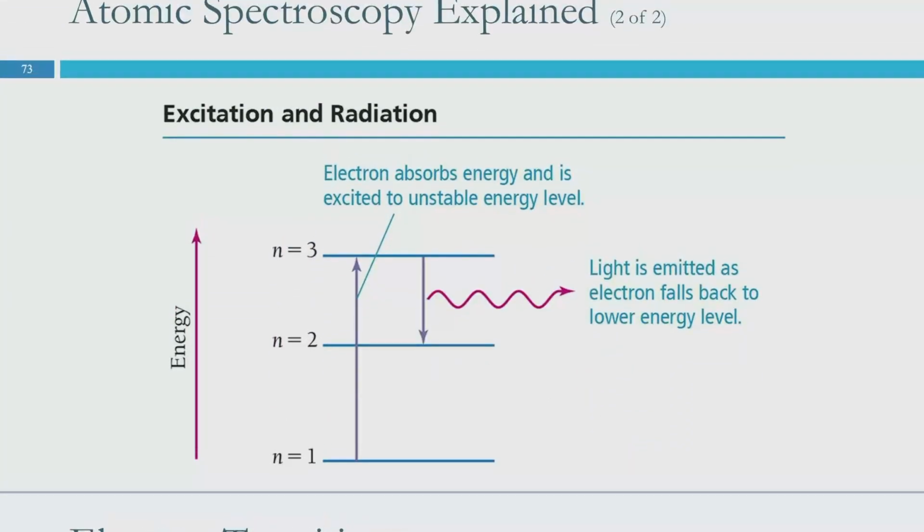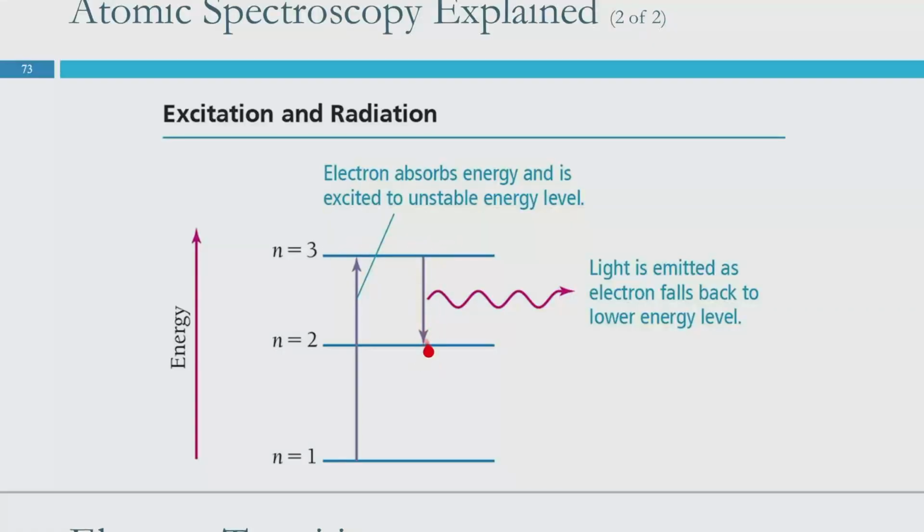Here's another way that we can look at that, where each of these levels is basically a different orbit in our Bohr model. So we've got an electron that's at the n equals 1 level. It absorbs some energy by electricity or some other method. That excites it. It jumps up to the n equals 3 level, and it'll be there for a little bit of time, depending on how stable it is.